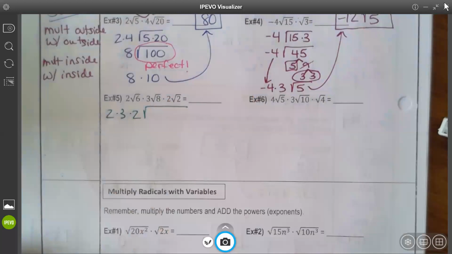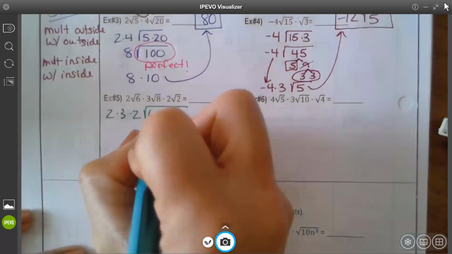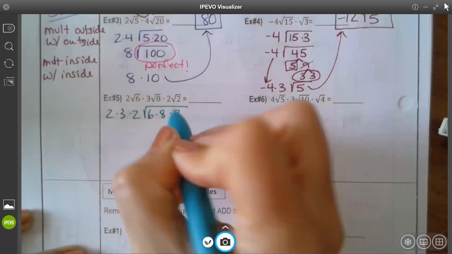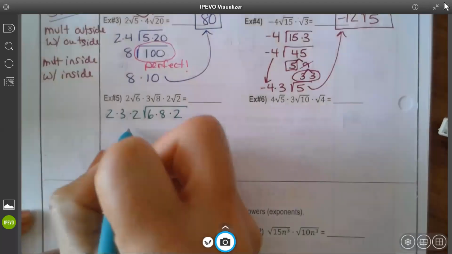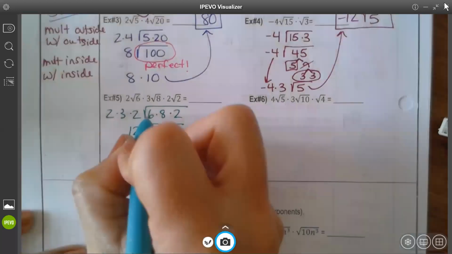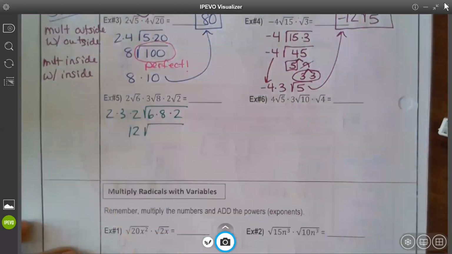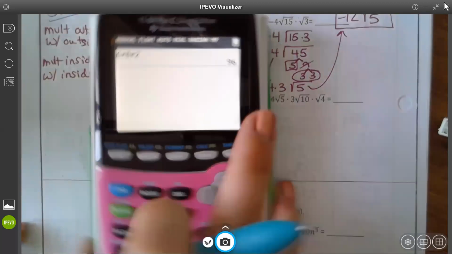And then we're going to multiply the stuff inside. So that's going to be a 6 times an 8 times a 2. So 2 times 3 is 6, and 6 times 2 is 12 on the outside. 6 times 8 times 2, just so I don't make a mistake, that is 96.